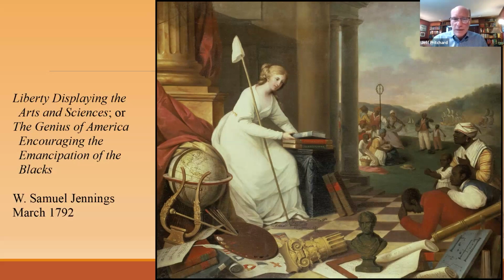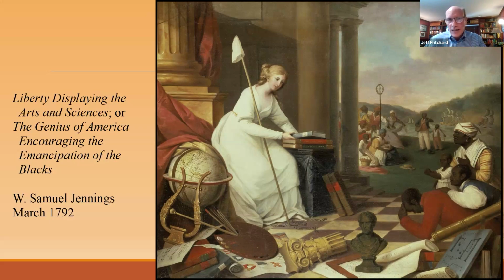Well, the library committee wanted Jennings to include three very specific symbols in this painting. First and most obviously, of course, is the goddess Liberty with the staff with the Liberty cap atop it, which Jennings dutifully complied with. She is obviously the highlight, the central focal point of the painting. And you'll notice that he has painted her with that softer Phrygian style Liberty cap.